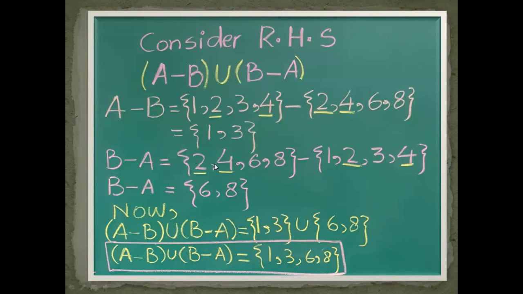Now write the uncommon elements of set B only, that is 6, 8. These are the only two elements remaining here.